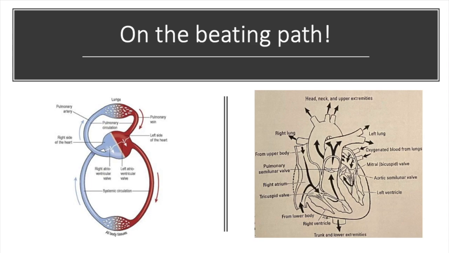From the aorta, it travels through the arteries and arterioles to the capillary beds and then back to the heart through the veins. During the relaxation phase of the atria, the deoxygenated blood flows into the right atrium. So that is the whole sequence during the beating path of the heart.